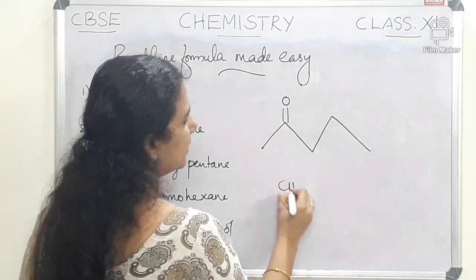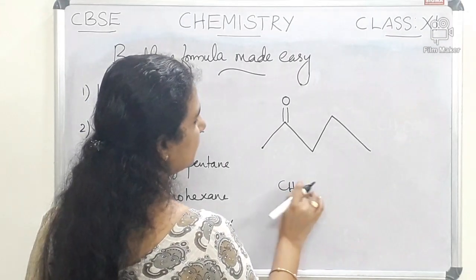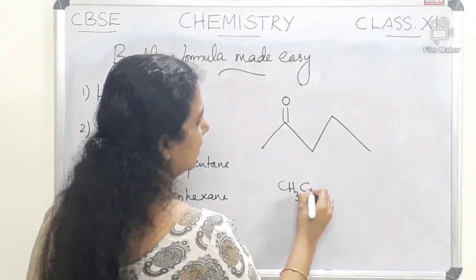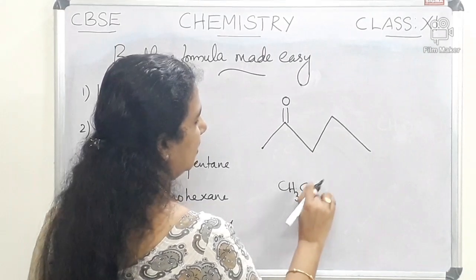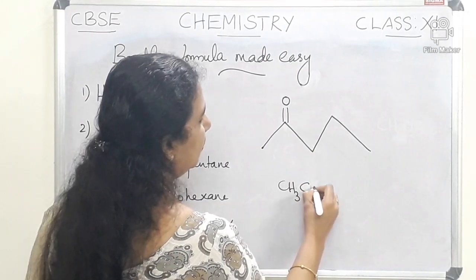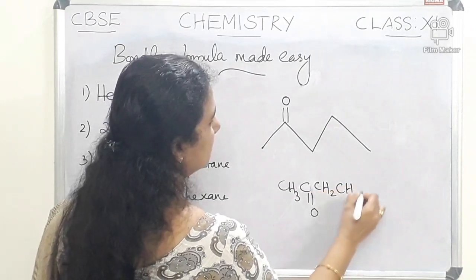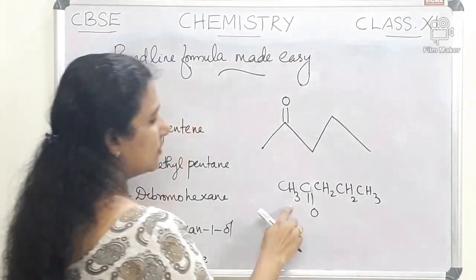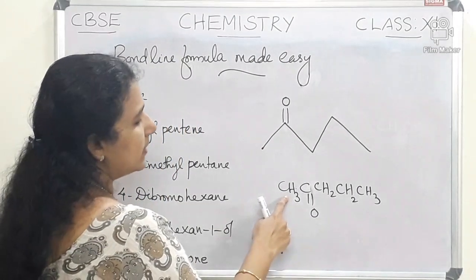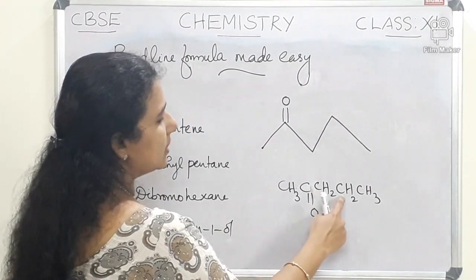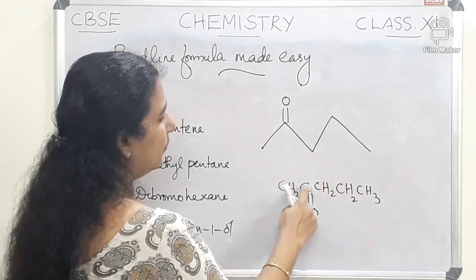So we know that CH3, C double bond O, CH2, CH2, CH3. So this is the condensed formula, CH3COCH2CH2CH3. 1, 2, 3, 4, 5.